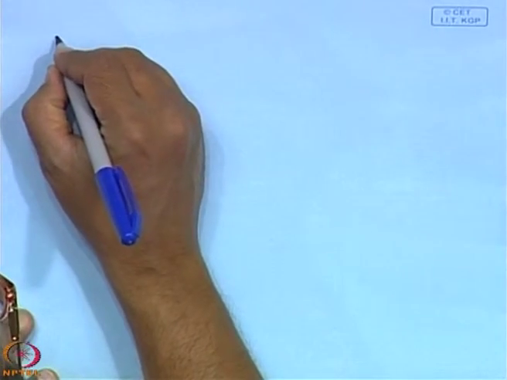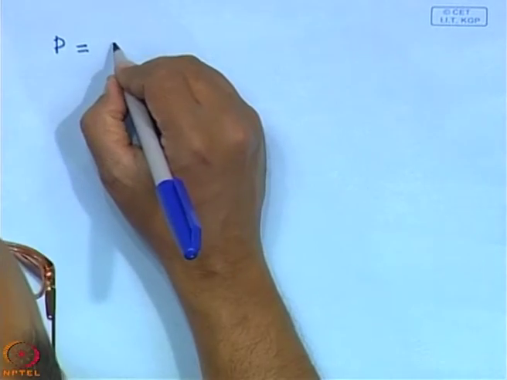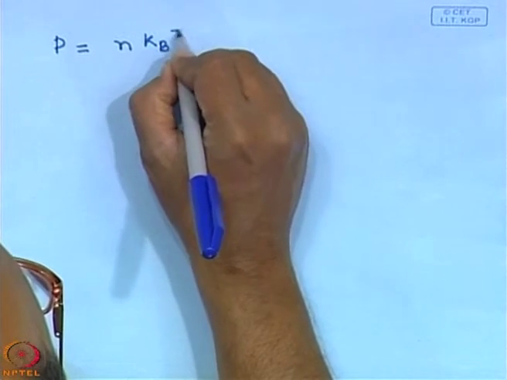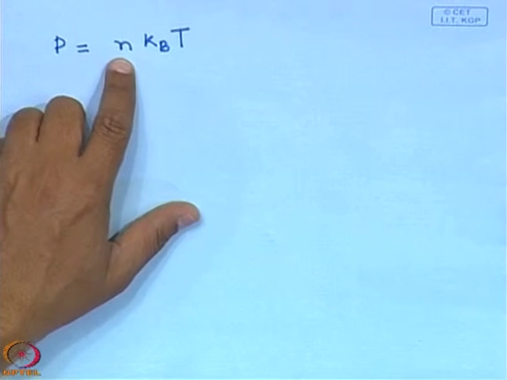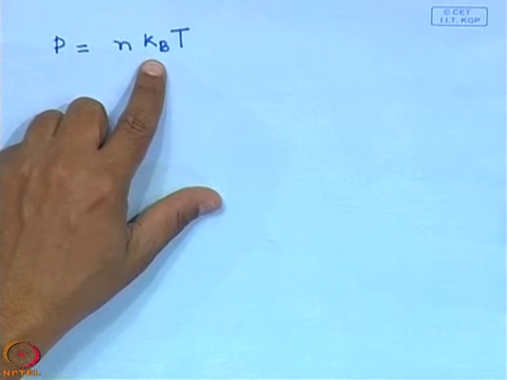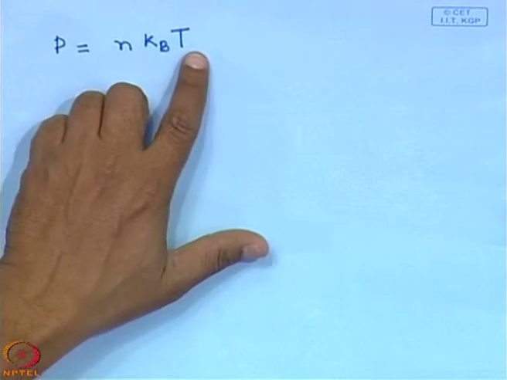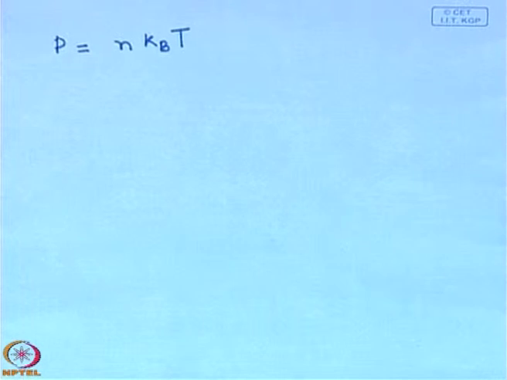Okay. So for any gas, if it is an ideal gas, then the pressure and the temperature are related as follows. The pressure is the number density of particles times the Boltzmann constant times the temperature. So if you know the pressure, and you know the number density, you can determine the temperature.